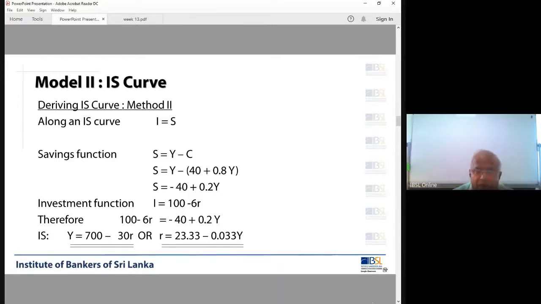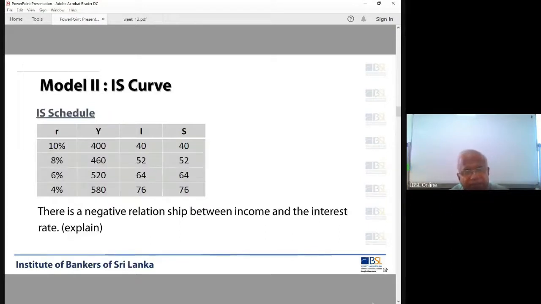Now, when the interest rate is 10%, what is the value of savings? We go to the savings function.